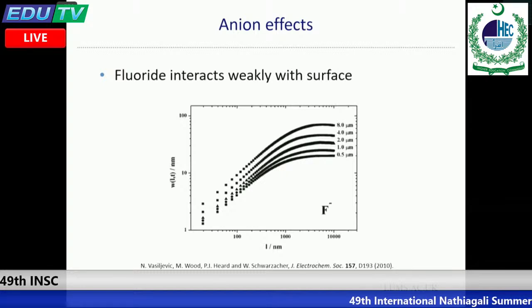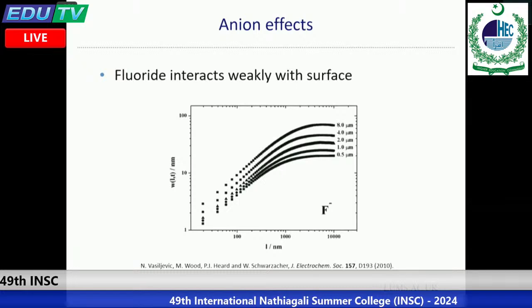That fluoride, being a highly reactive ion, you would expect to interact very strongly with the surface. In fact, it does not. The reason is that fluoride is so chemically reactive that it is coordinated by water from the electrolyte so strongly that it interacts only very weakly with the actual surface.